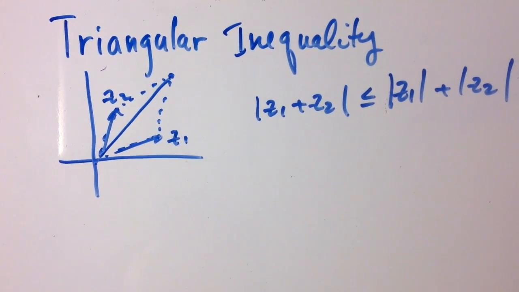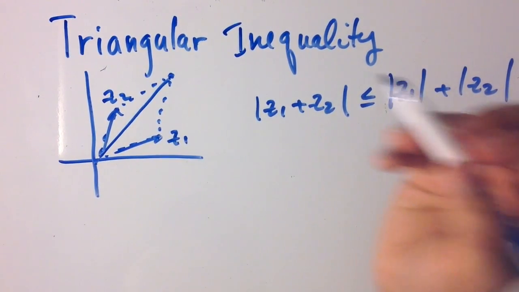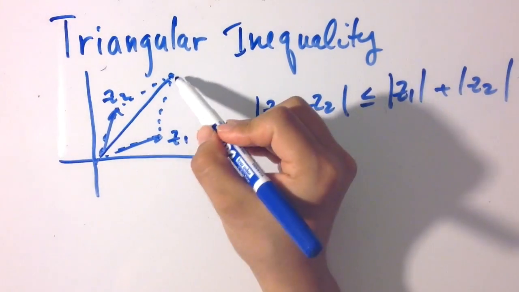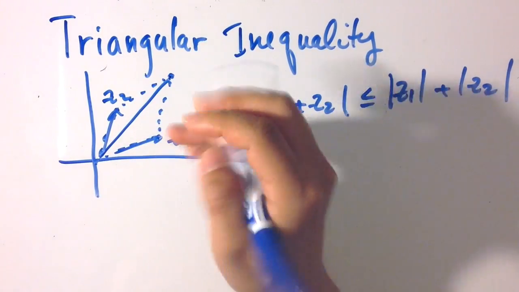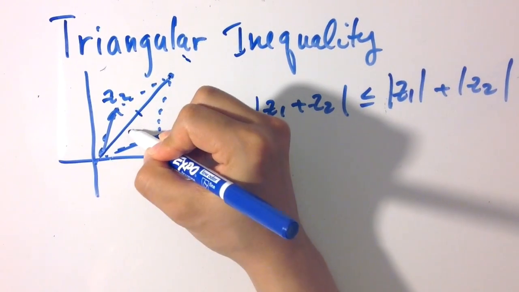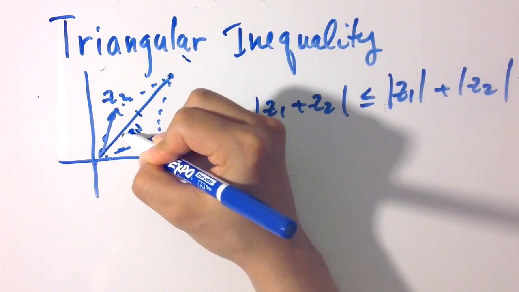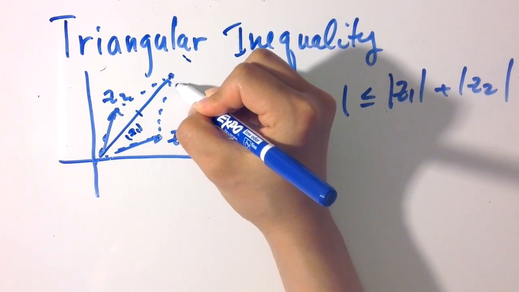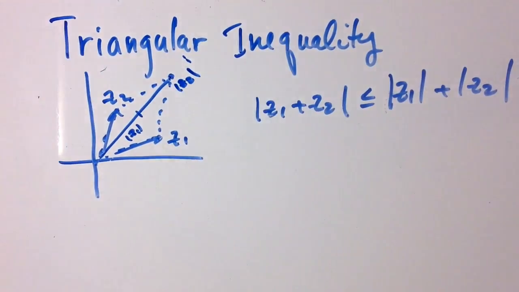In a way, this is intuitive because it would not make any sense at all if this point would extend beyond, say, what the distance of this one is and what the distance of the second one is.